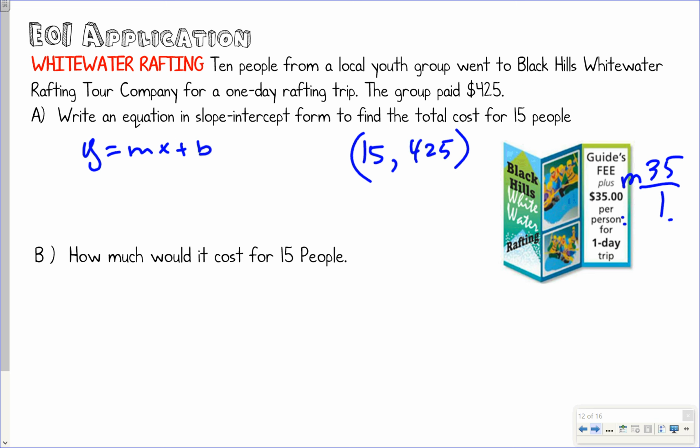Okay, so what goes where? 425 there. My slope is 35 times x. So we need to find what my what? What am I looking for? I'm looking for my B. What would be B? y-intercept.